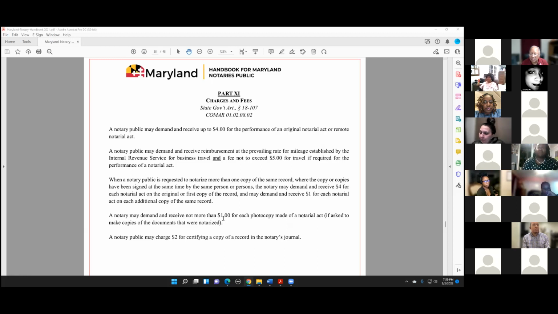And now, I noticed they also talk about where the law was silent. So if somebody did want you to make 100 pages of something, whereby only one page had a notarial act performed, there's no law about what you're going to charge for pages 1 through 99.